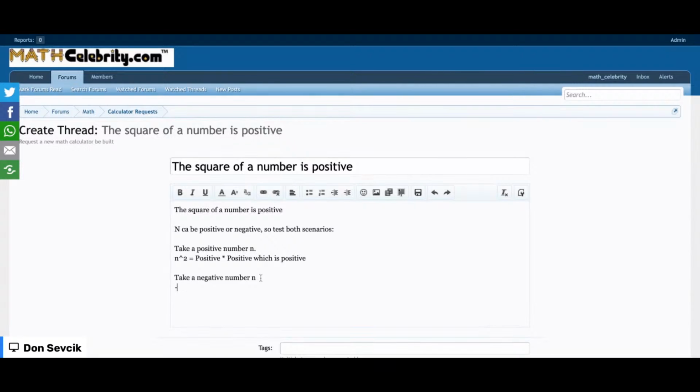Negative number n, and we're going to square that. In parentheses, negative n squared equals negative n times negative n. I'm going to go here just to make this more clear. Squared times n.